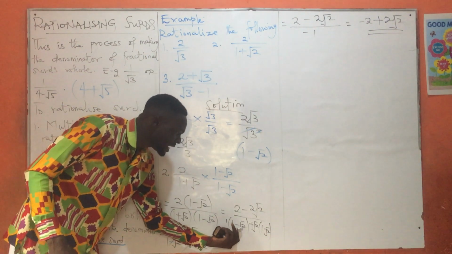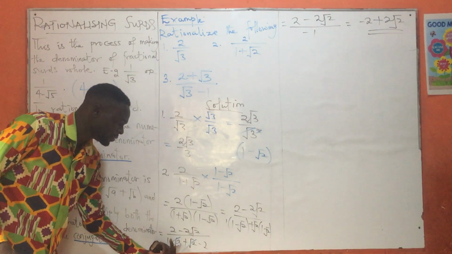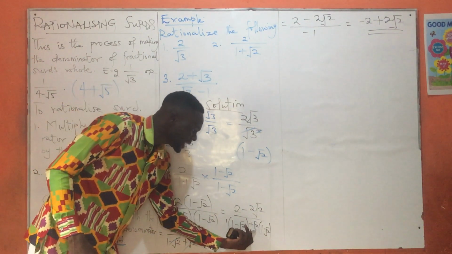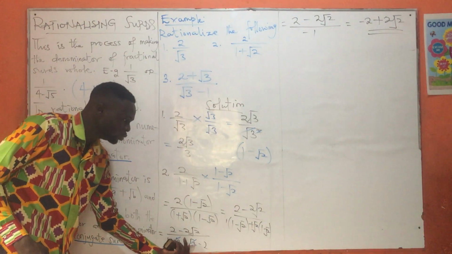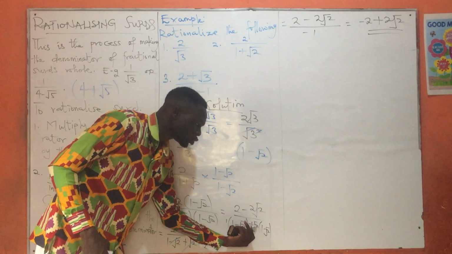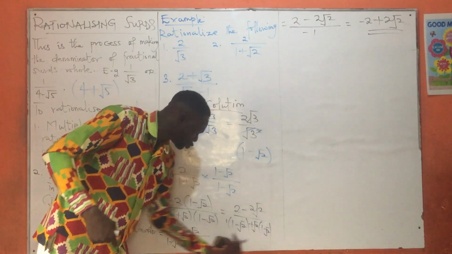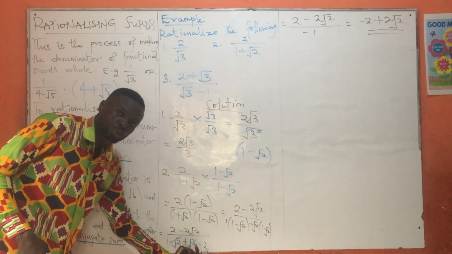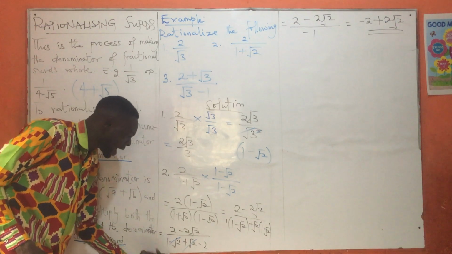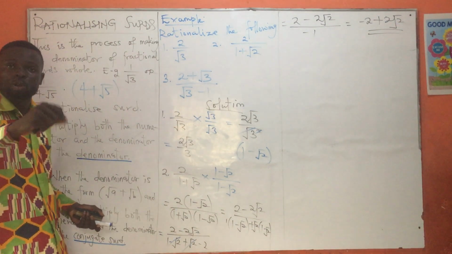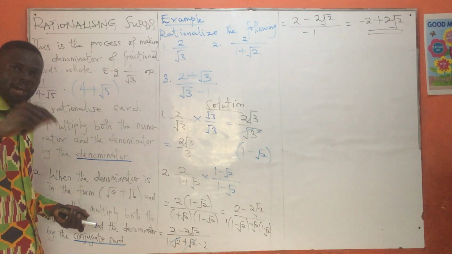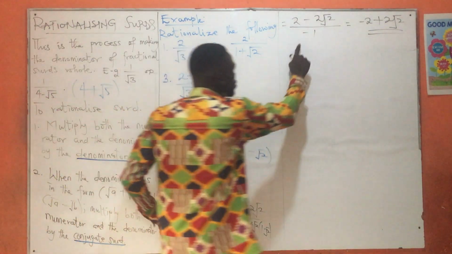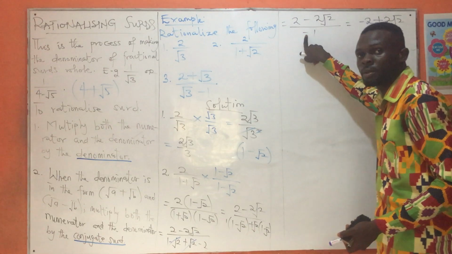And 1 times negative root 2 is negative root 2. Root 2 times 1 is root 2. And root 2 times negative root 2 is negative 2. But when we have 1 minus 2, 1 minus 2 is what? Is negative 1.